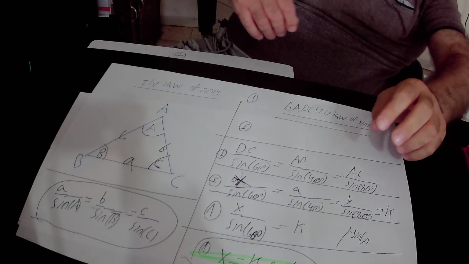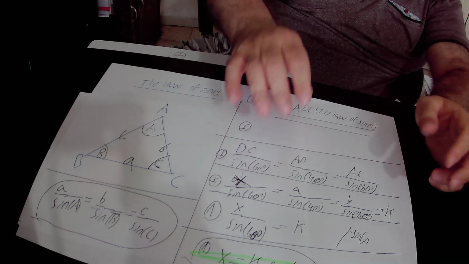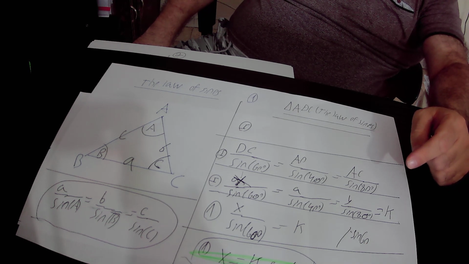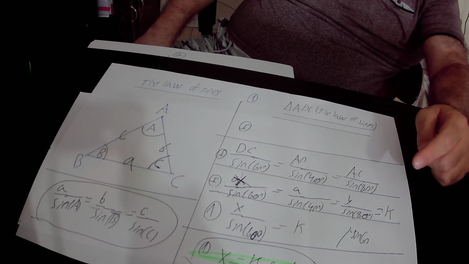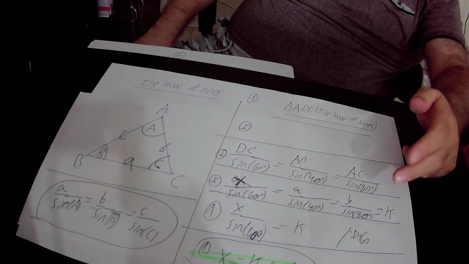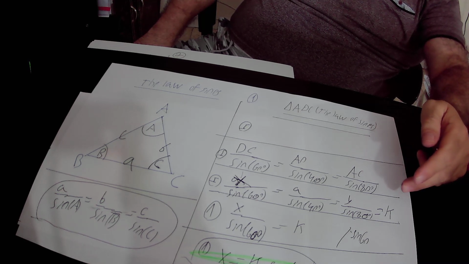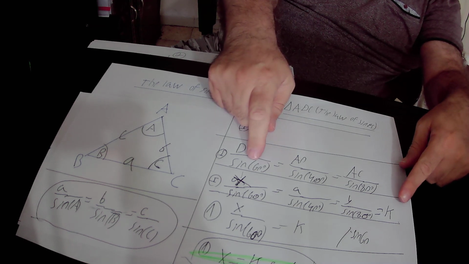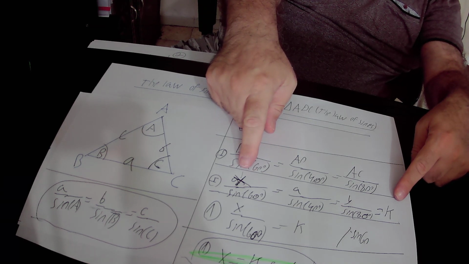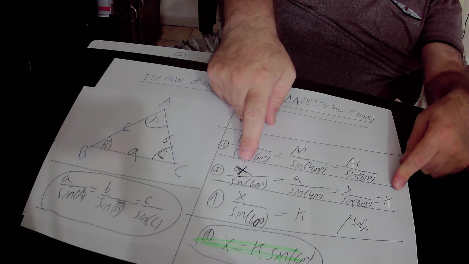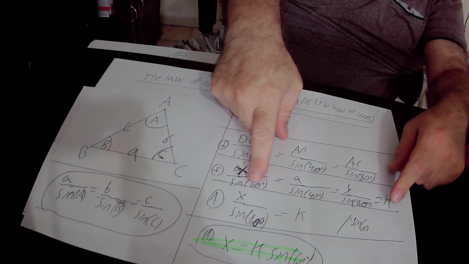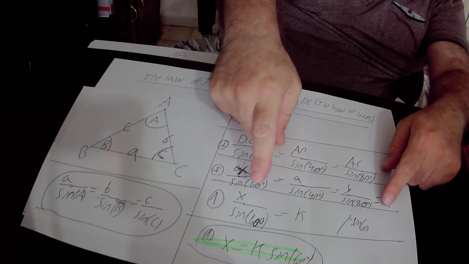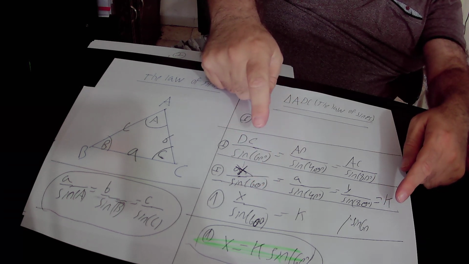Because those three expressions are equal to each other, we can define that the value of each of them is equal to K. Then from this long equation, we derive that x over sine 60 degrees equals K. We multiply this equation by sine 60 degrees and found out that x equals K times sine 60 degrees.